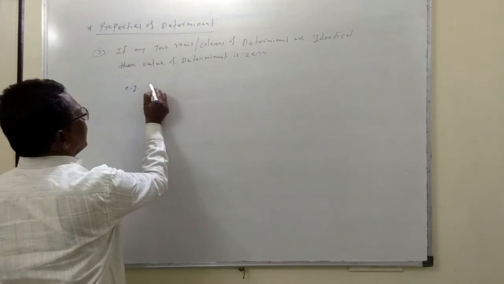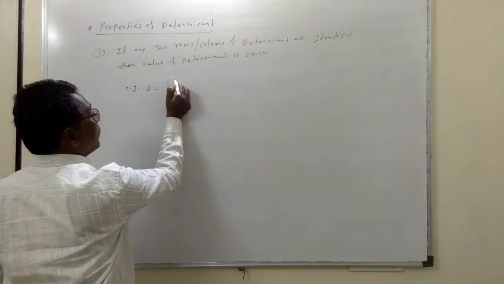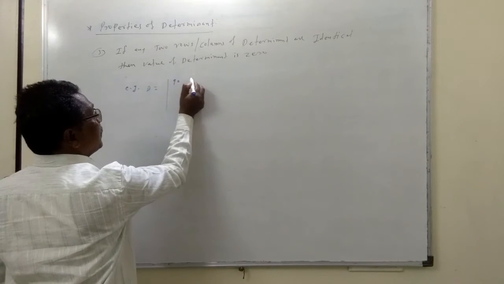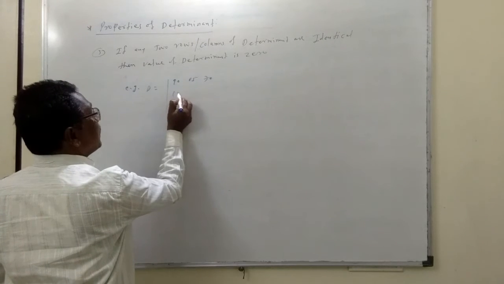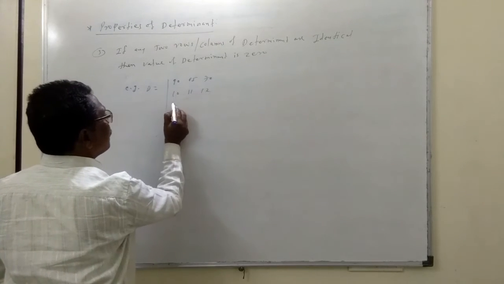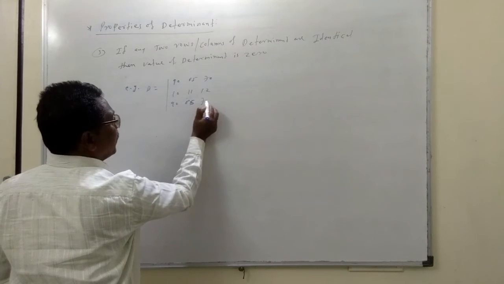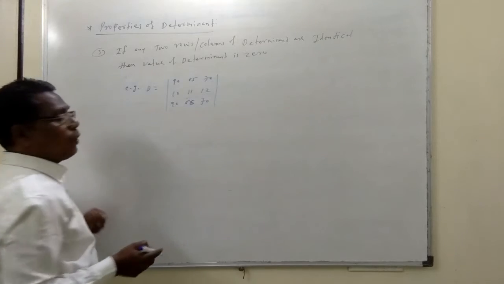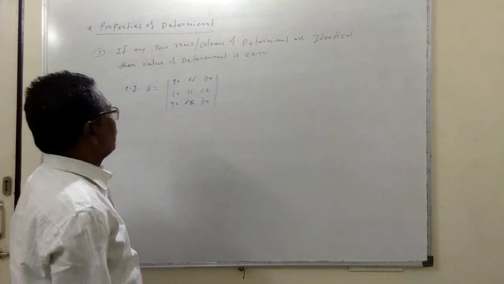For example, suppose D is equal to the determinant with rows 90, 65, 70; 10, 11, 12; 90, 65 and 70. Here, when we go to expand, very much time is required.